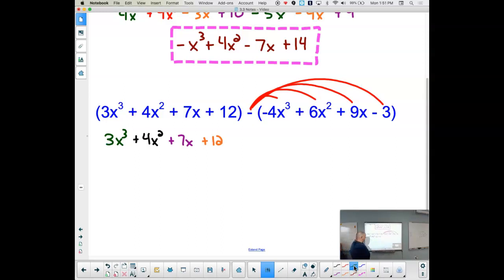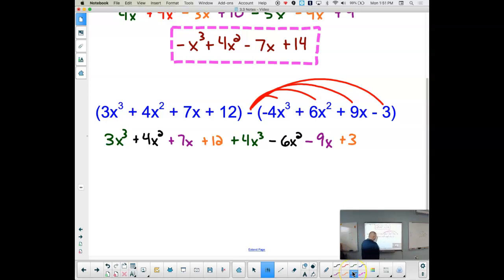minus a negative 4x cubed is like plus 4x cubed, minus 6x squared, minus 9x, minus negative 3 is like plus 3.